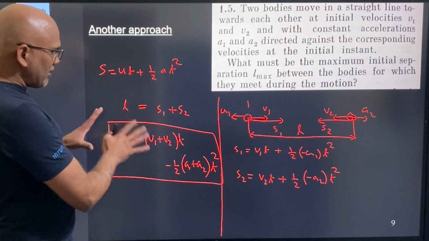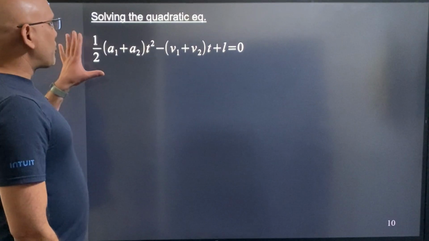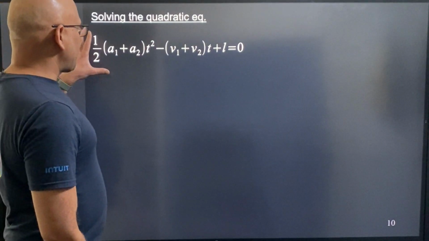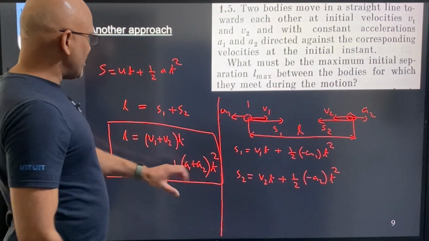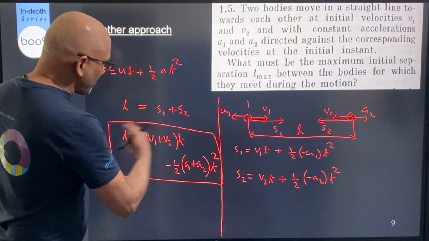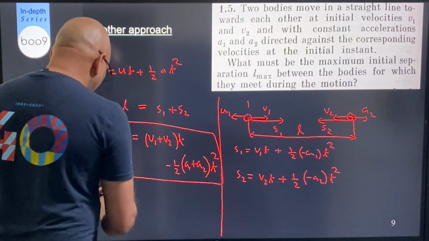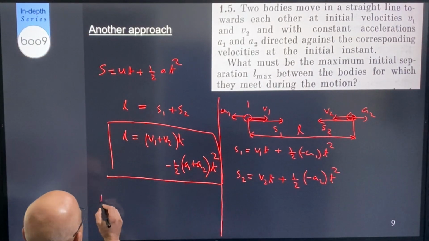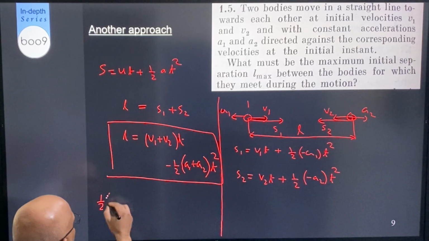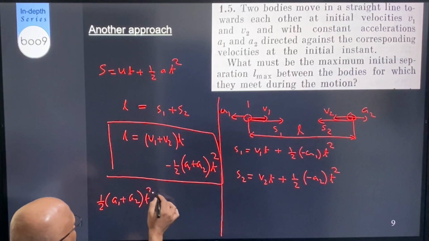All right, so now let's try to solve this. So I have copied that expression, the earlier one, this one here. Actually, what I have done is, let me try to rewrite this. I bring it to the left hand side, so that is going to be half a1 plus a2 t square.